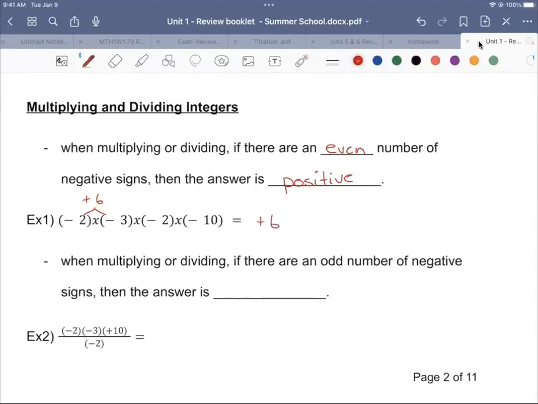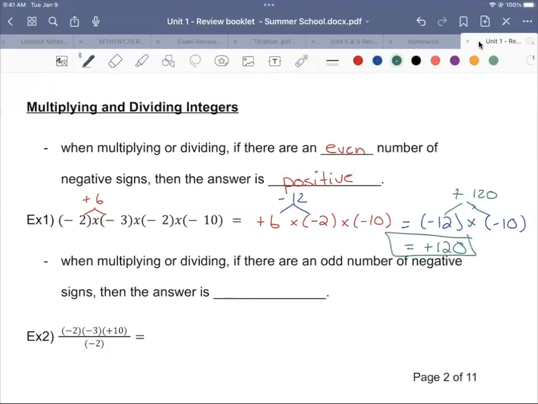That would be +6 times -2 times -10. +6 times -2 is going to give me -12. So it'd be -12 times -10, and -12 times -10 is again going to give me a positive, and in this case it will be 120. So my final answer will be +120.